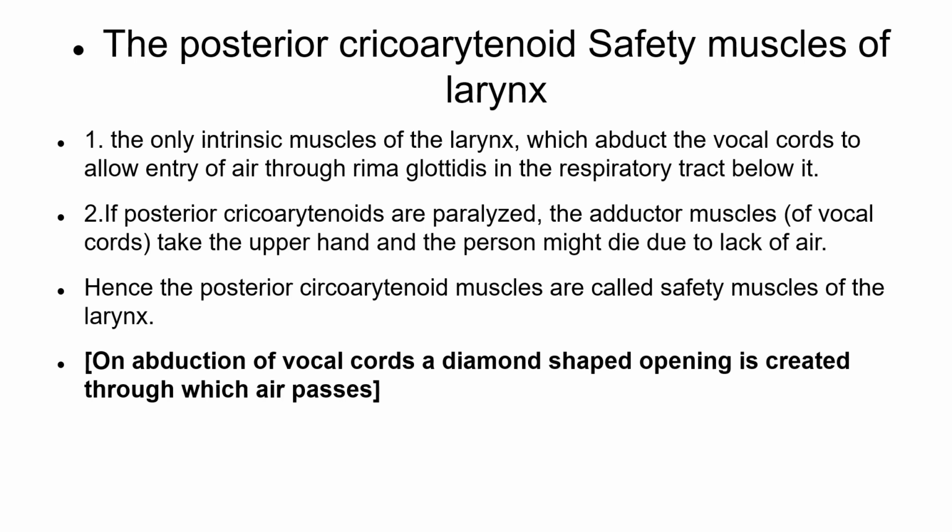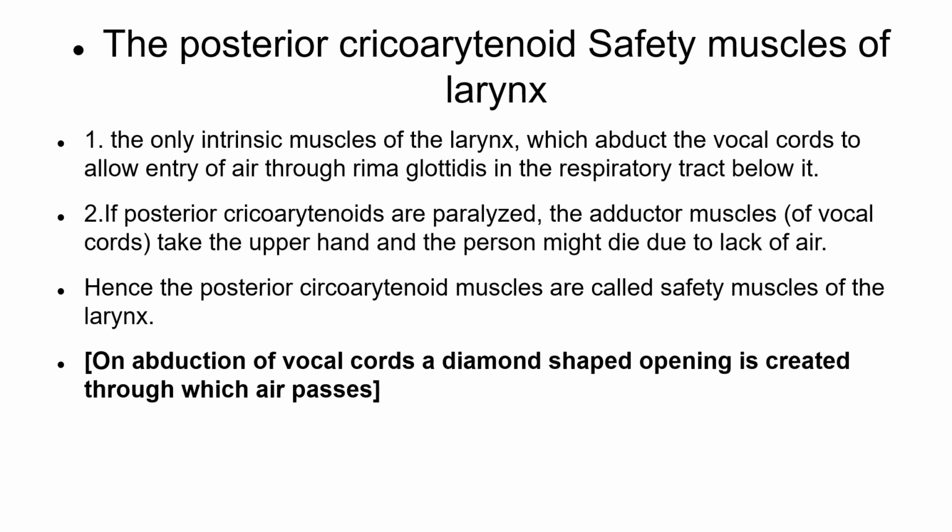because when the vocal cords are abducted, the cavity will be diamond shaped, and only then can the air pass through it. If there is a paralysis of this muscle due to damage to the nerve supplying it, the abduction of vocal cords will be limited.